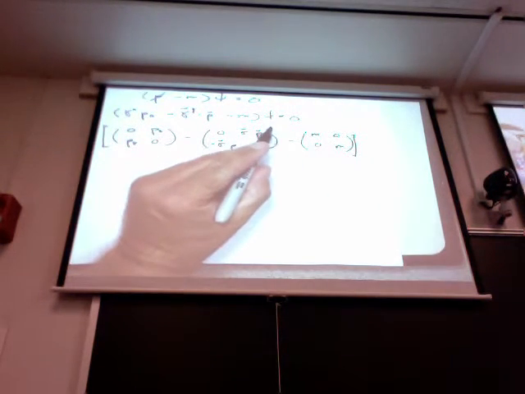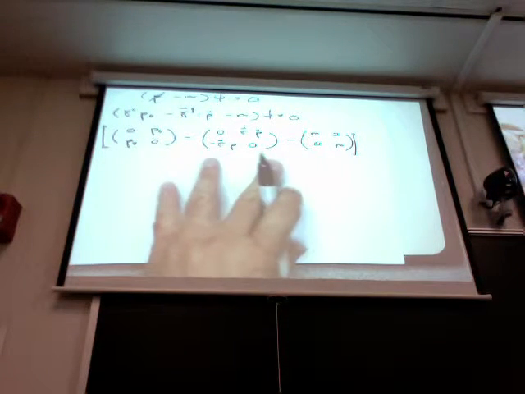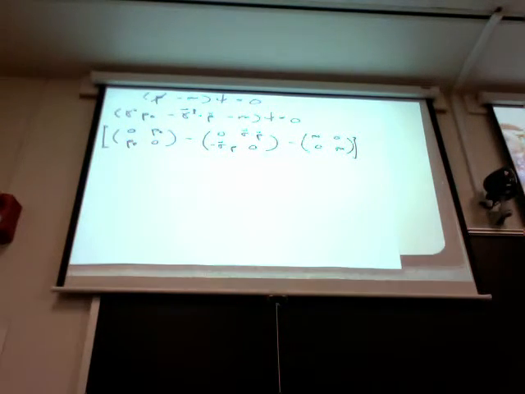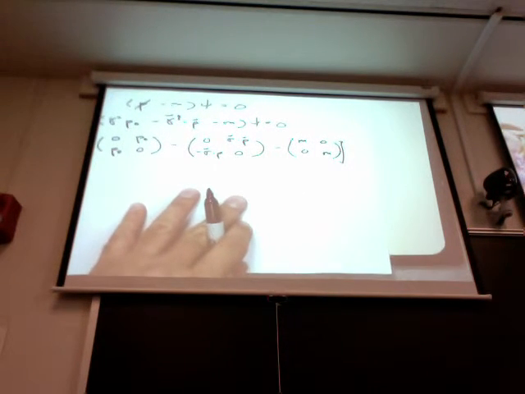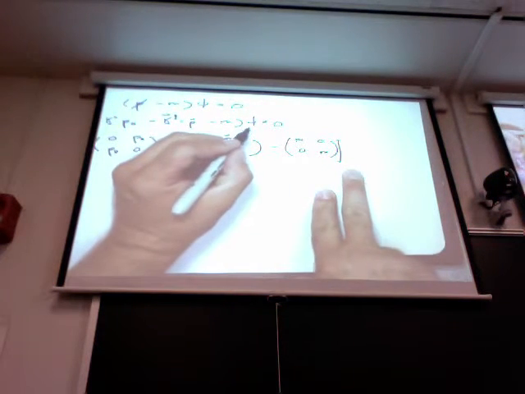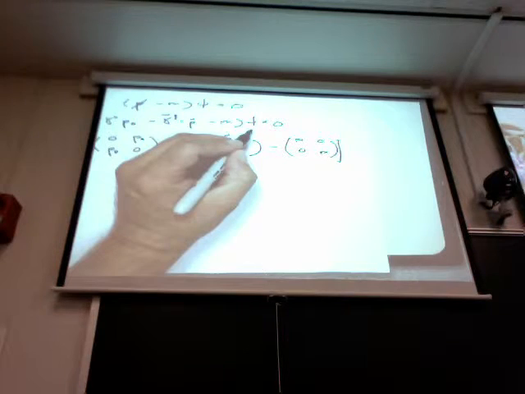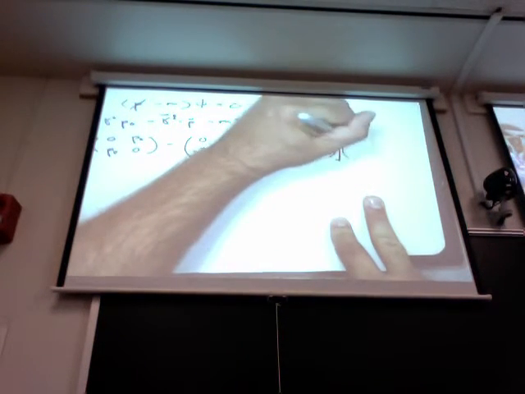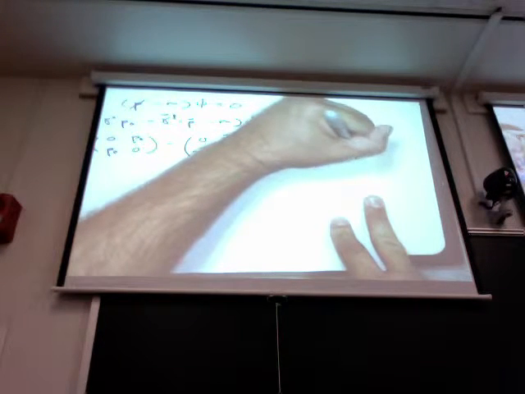Now, these are 4x4 matrices, but I've written them in a shorthand notation in block diagonal form, as 2x2 submatrices. Let me do the same thing with the four-component spinor and rewrite it in terms of two-component spinors.